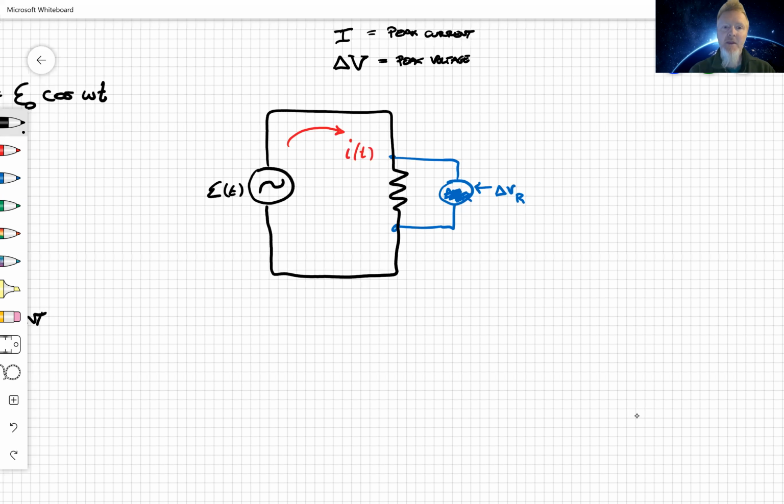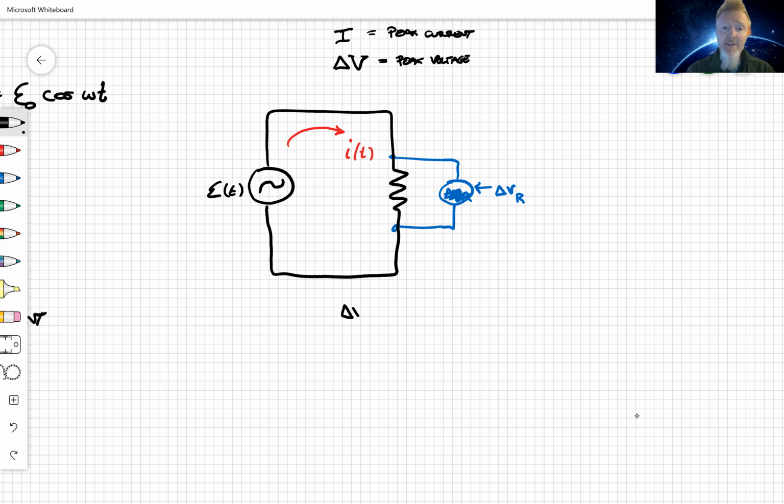What's the voltage across the resistor? Even in AC, energy conservation still holds. It shouldn't be broken just because it's an AC circuit. Therefore, KVL is still a thing we can use. If I loop around here and write the voltage of this power source minus the voltage of the resistor, those two things have to be equal.